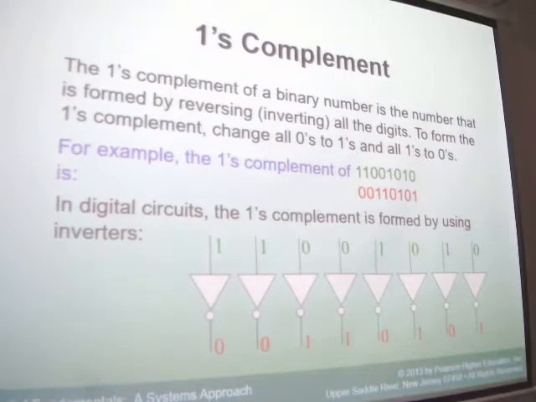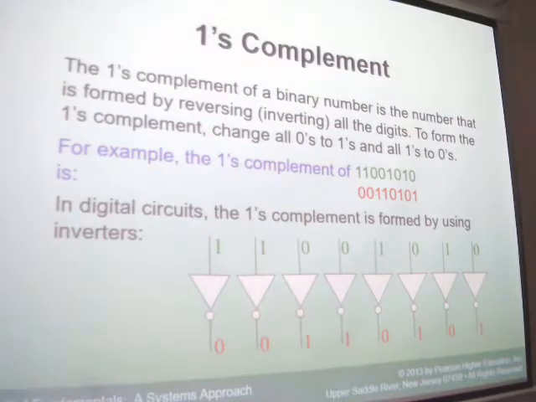This is 8 bits. If we use 32 bits, it is also the one's complement of this number. And the last bit is the sign bit.